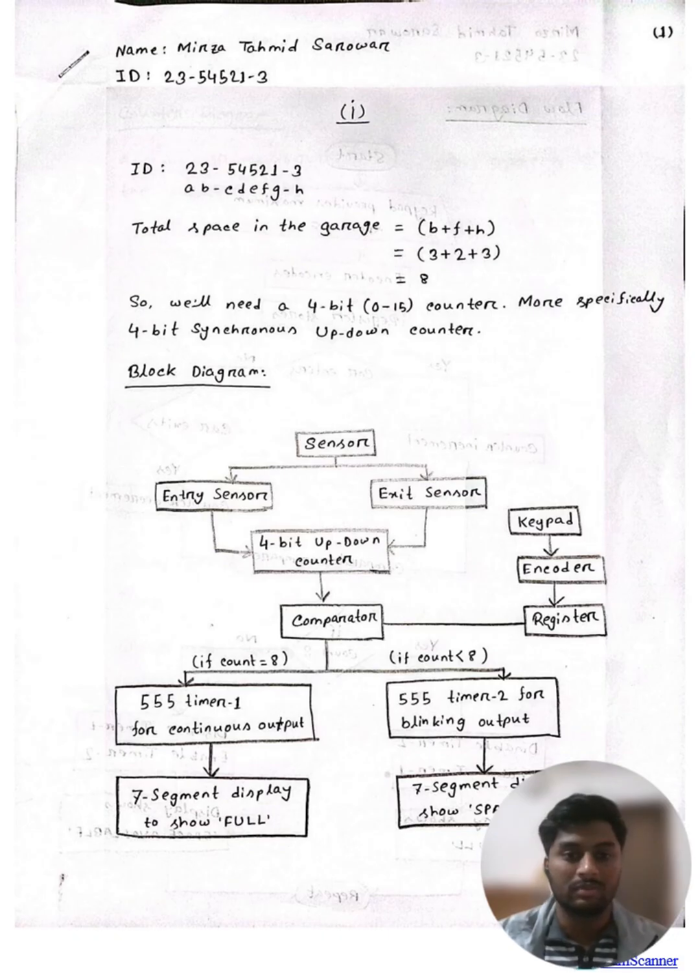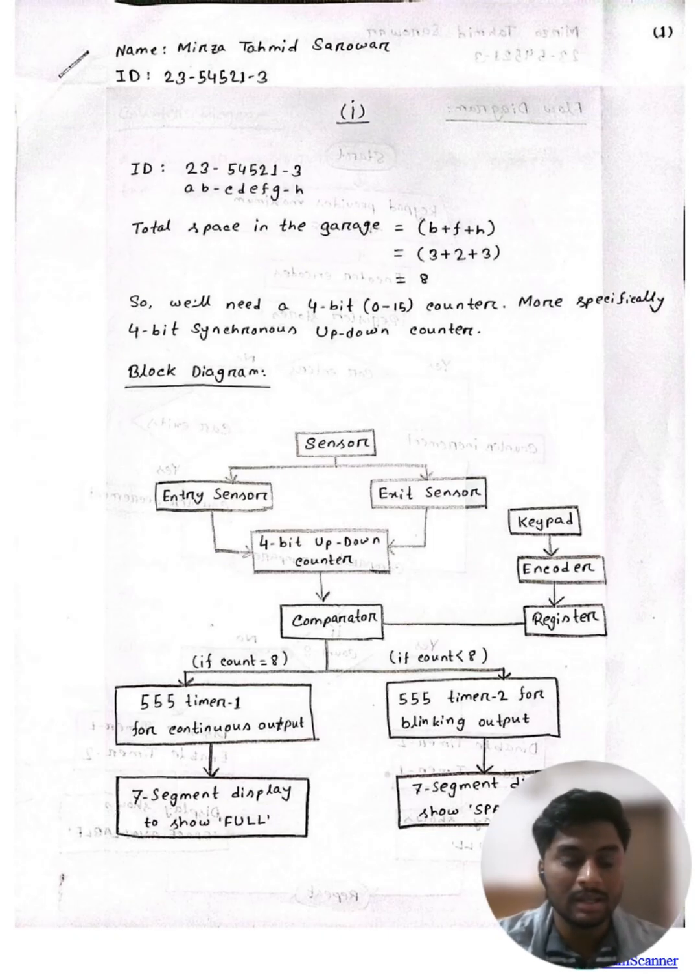This is the answer for our first question. At first, I analyzed the problem and divided the entire system into smaller functional blocks. This helped me clearly understand how the input signals move through the system and produce the final output.